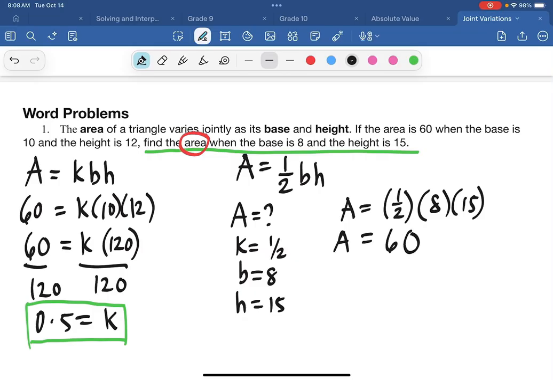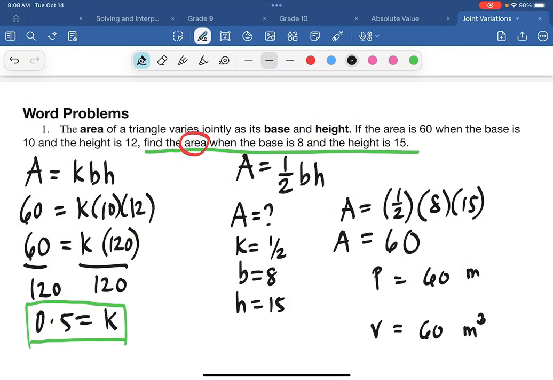Now, since we are talking about area, if you answer 60 alone, it's not that it's wrong, but it's incomplete. So you have to have a proper unit. Remember that when we talk about perimeter, let's just say meter, so we have 60 meters. For volume, we have cubic meters.